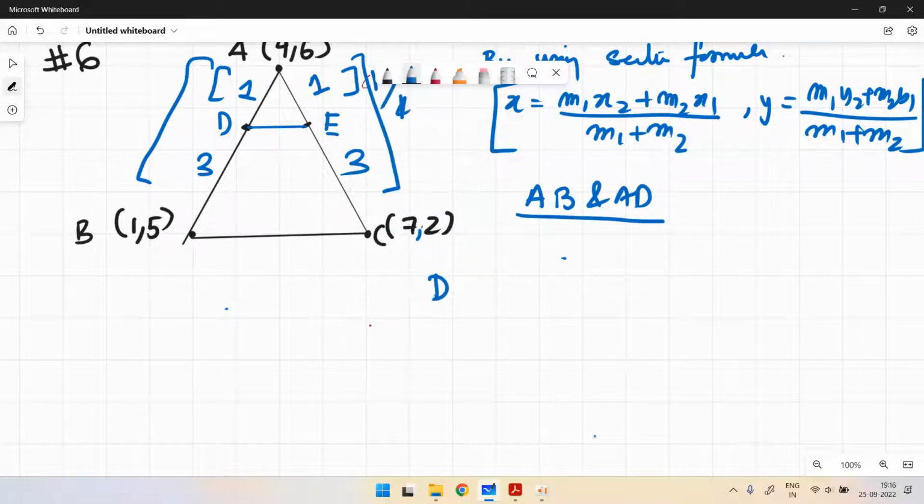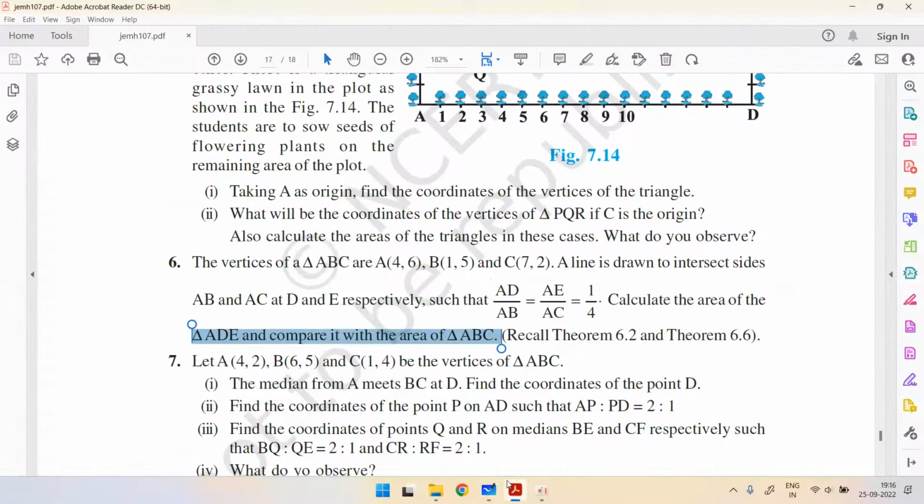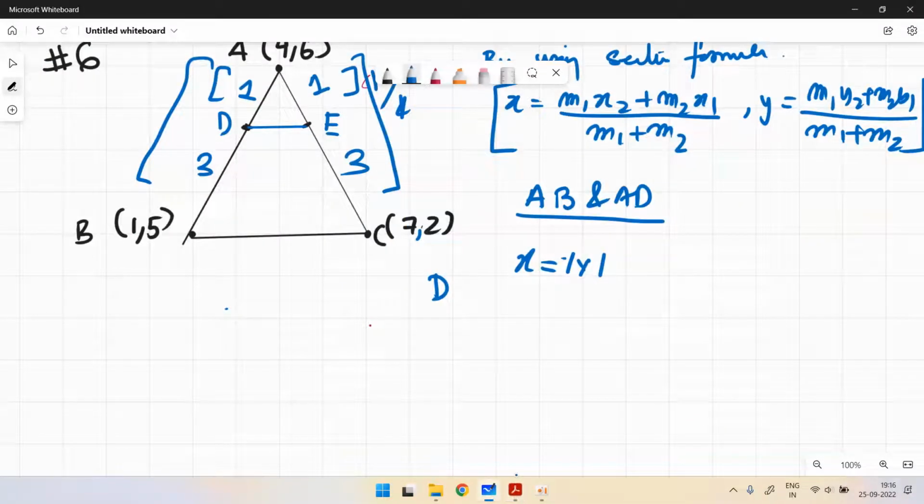So in AB, AD, this is 1 is to 3, so x will be by AD, this x will be m1 x2 plus m2 x1 by m1 plus m2. M1 is 1 into x2 is 1, and m2 is 3 into x1 is 4, by m1 plus m2, 1 plus 3.